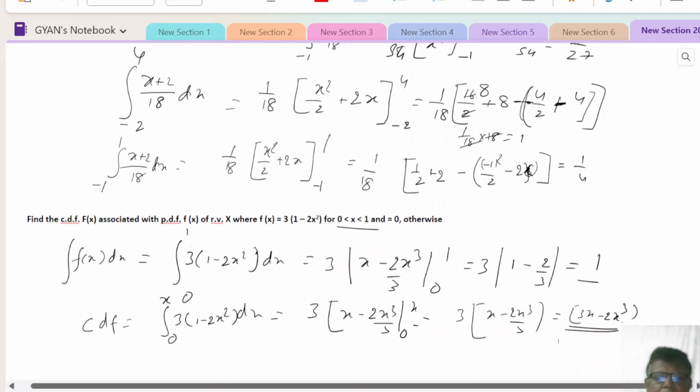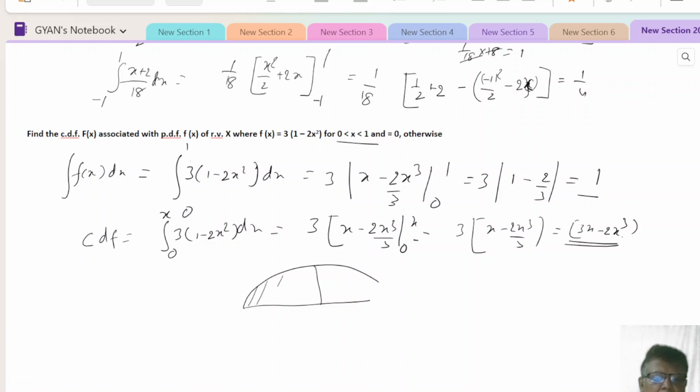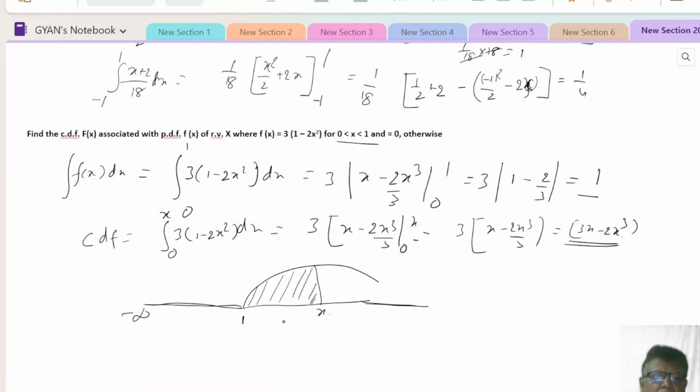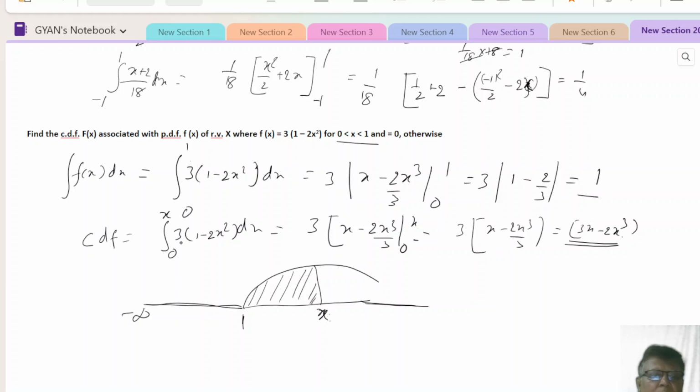So graphically we understand this. Just suppose fx is defined here. So this area, x. Suppose it starts from infinity, and from here to here it is 0, and here 1. So 1, here x. So here it was 0.